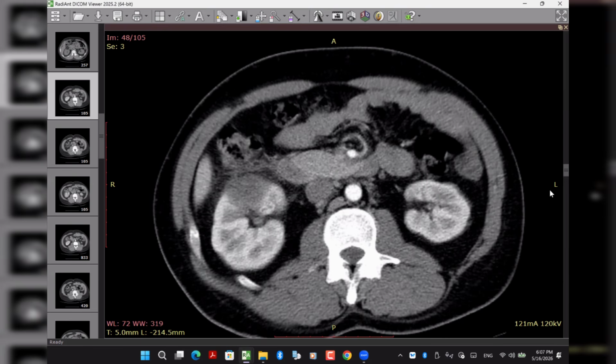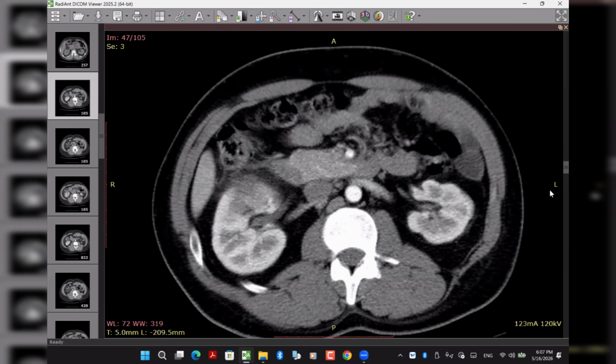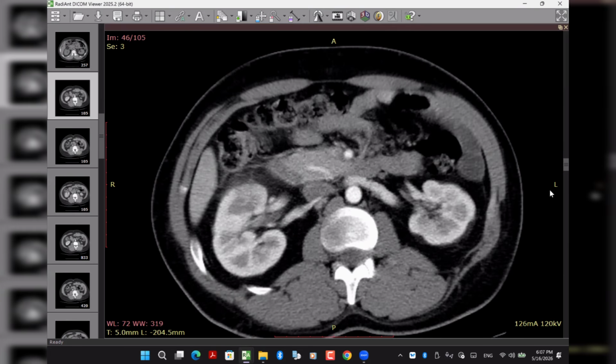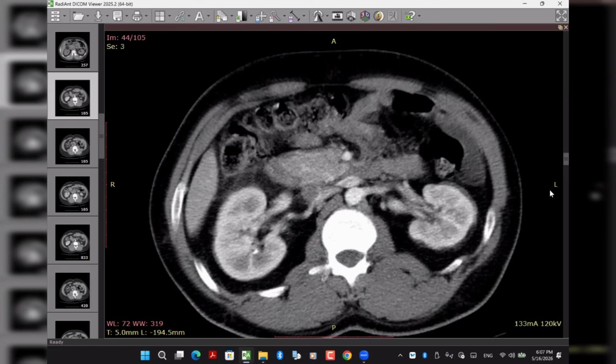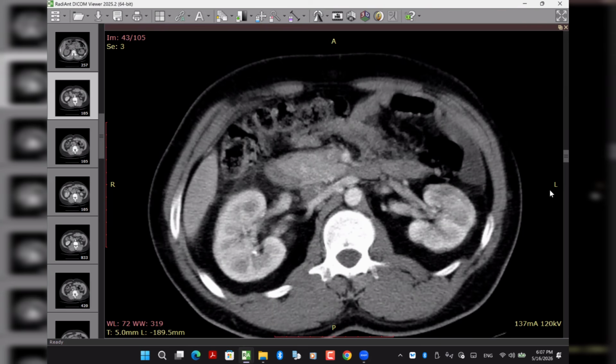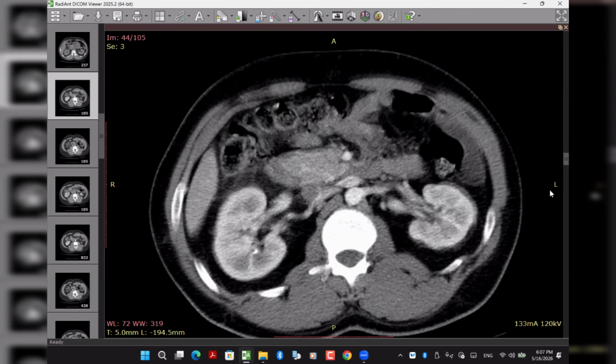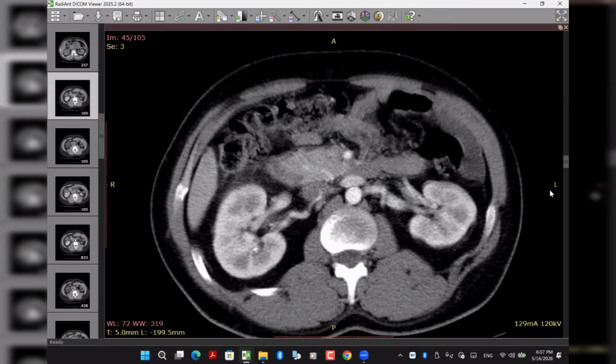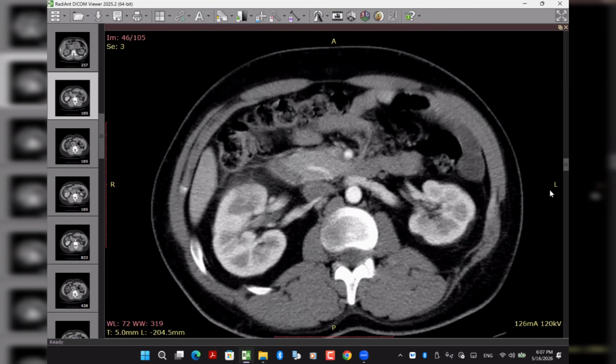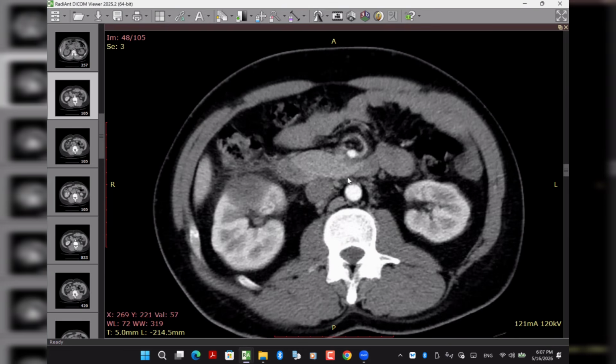So I would be thinking about an infective process, and this patient also had multiple tiny calculi, so that would also maybe favor an infective process. I would want to look at the collecting system, whether there's any evidence of pyelitis. Let me show you the second phase of the study.